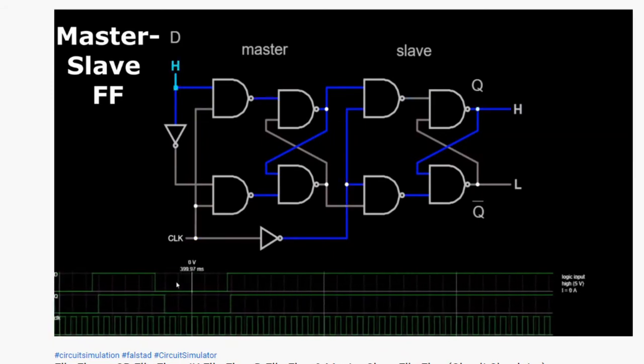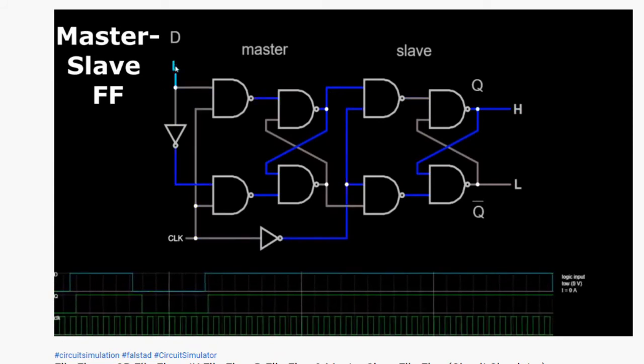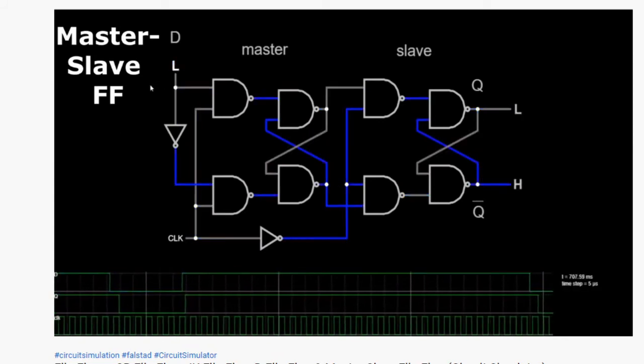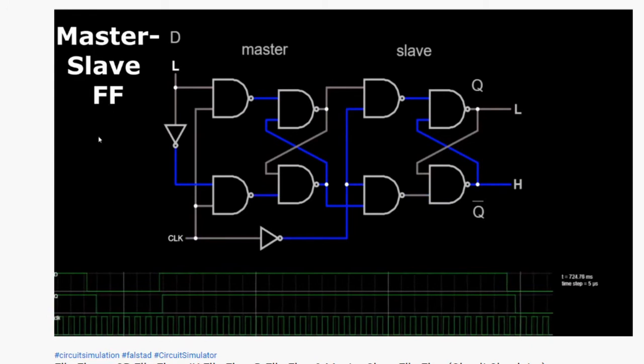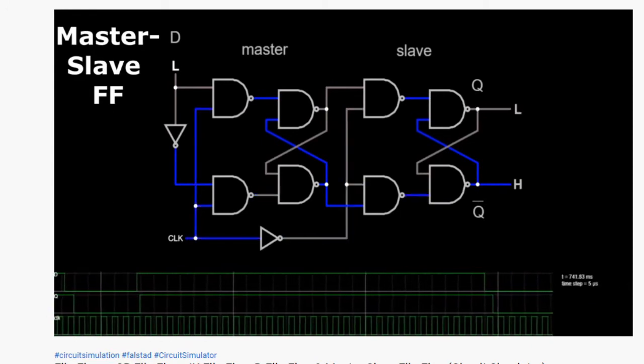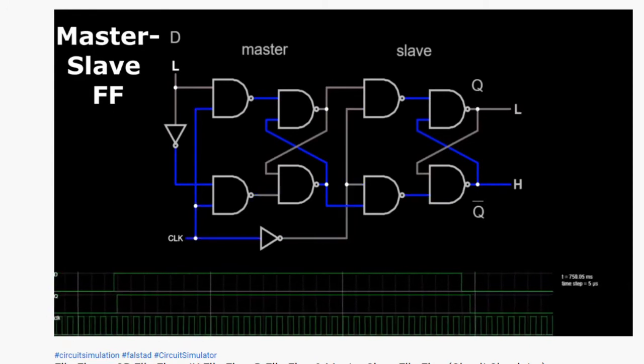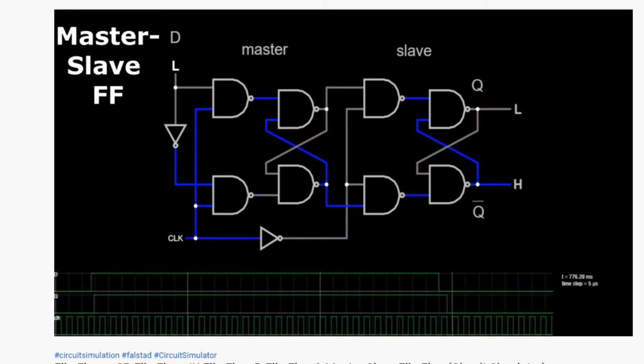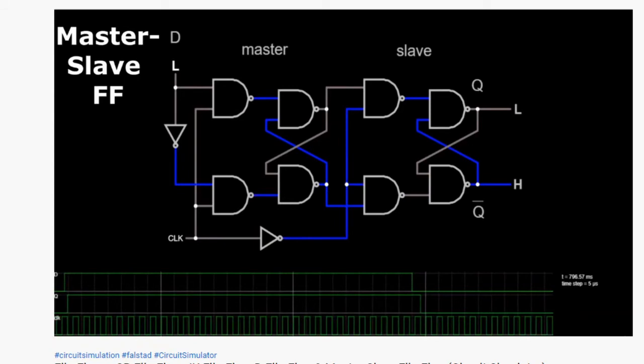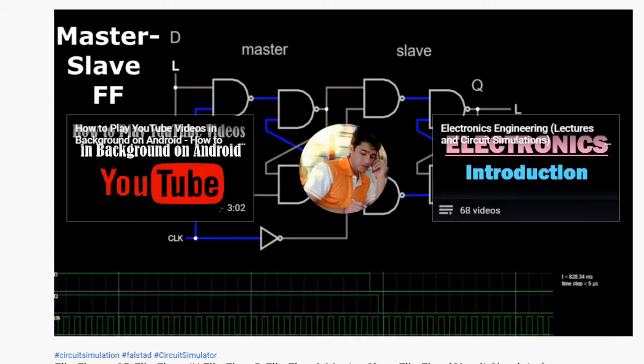This is operating on a simple 5 volt expression. Low is 0 volts, high is 5 volts. The flip-flop changes state using the usual logic gates operating in the circuit.